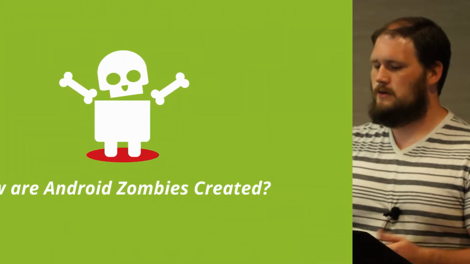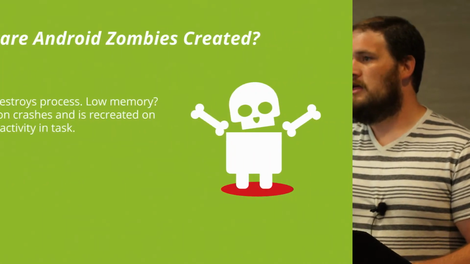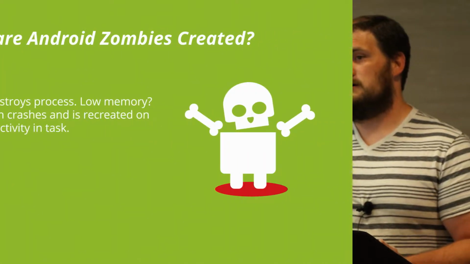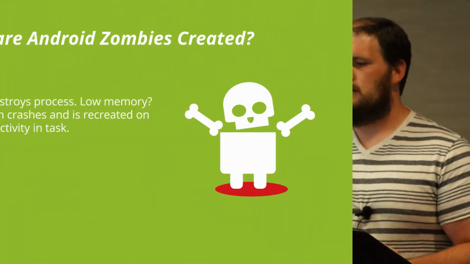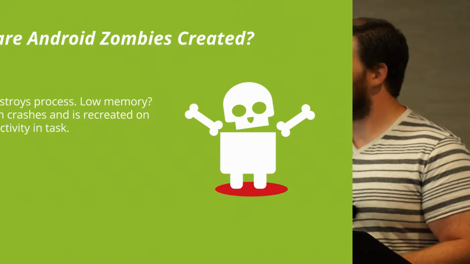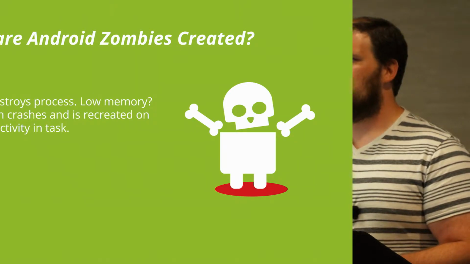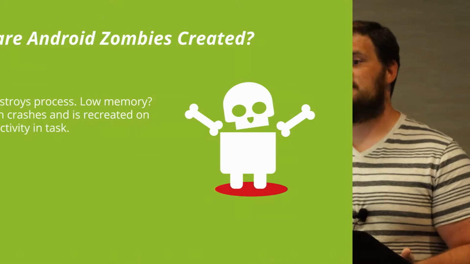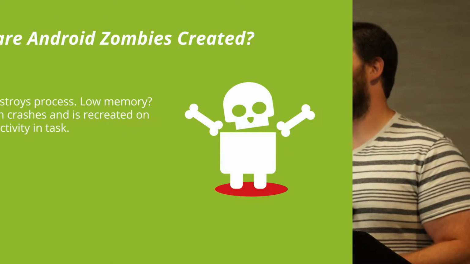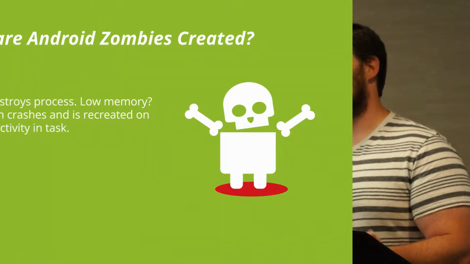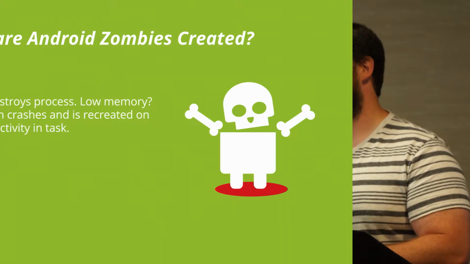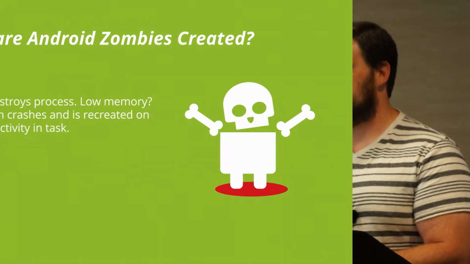All right, so how are Android zombies created? The 2 ways that I've observed are you background your app, and then the user goes and does something else, and for whatever reason, whether it just be time elapsing or it be opening another application, Android decides to destroy your application, but it still keeps it in your recent tasks.